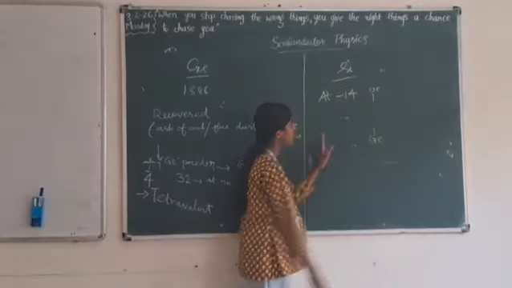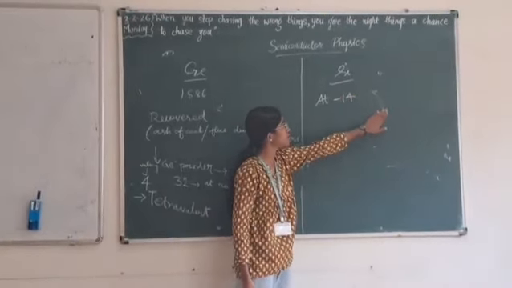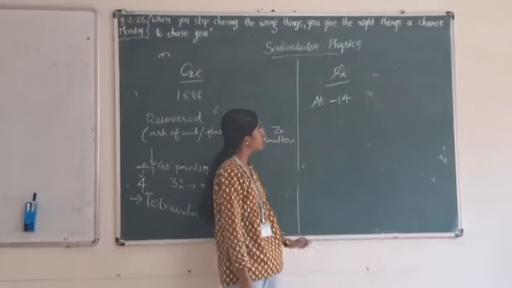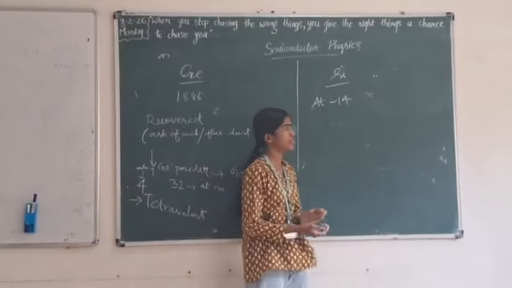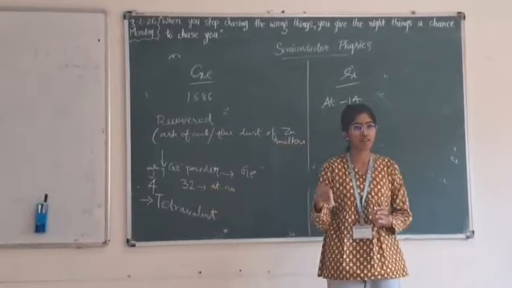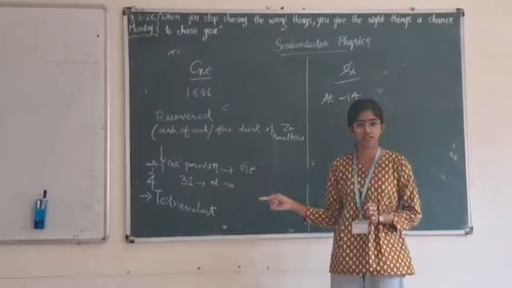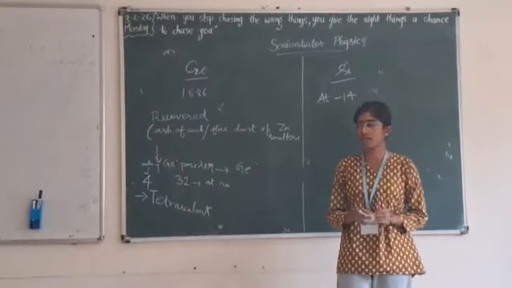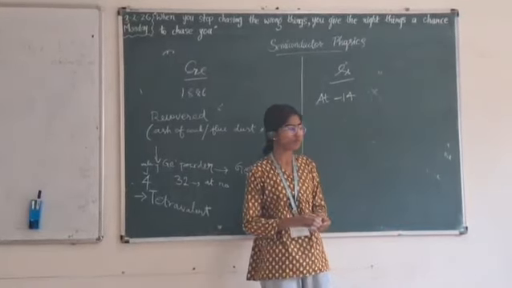It means it has 14 electrons and 14 protons. And these silicon atoms, like I drew before for germanium atoms, are also held together by covalent bonding.